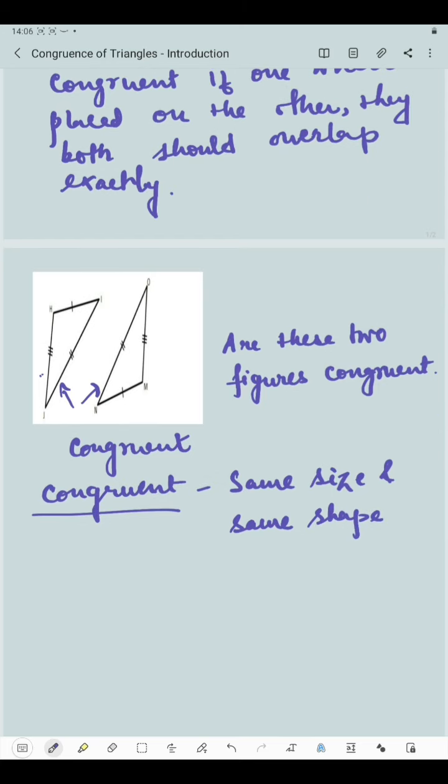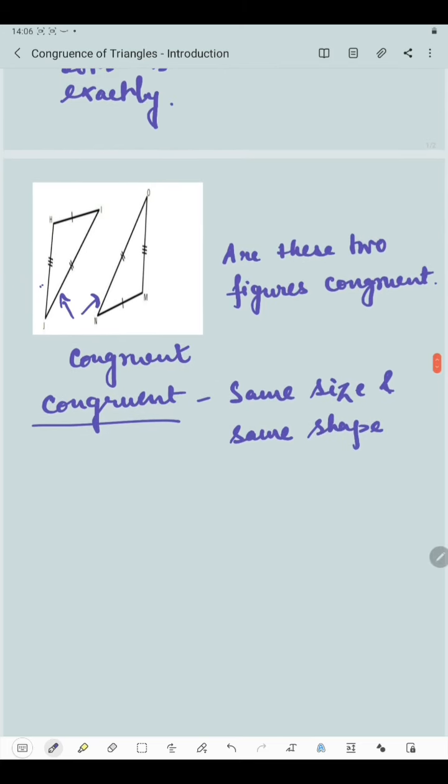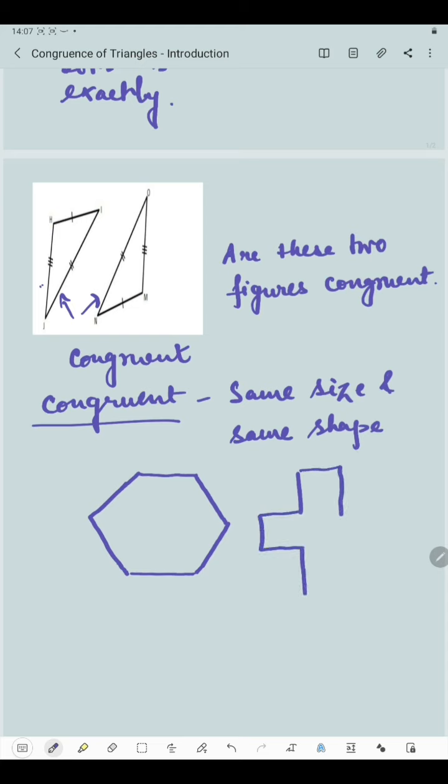Okay, now suppose we have this shape and this shape.